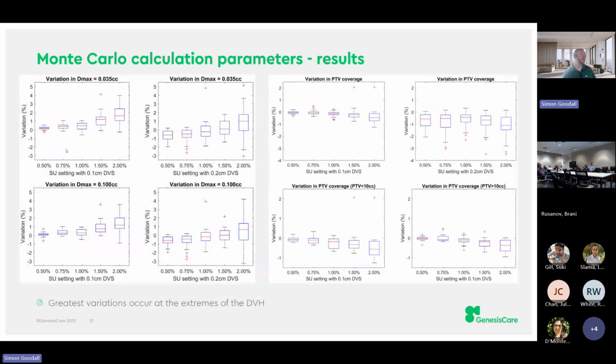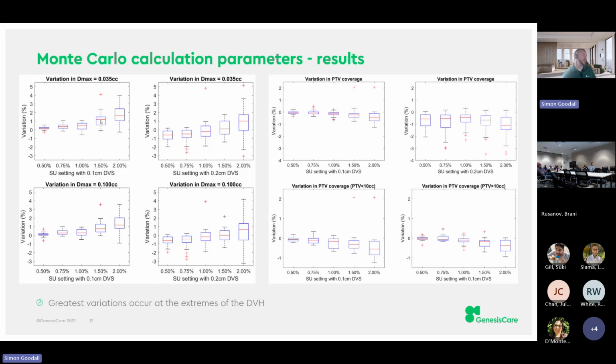So these are some DVH parameters or metrics we pulled out, and you see the same sort of patterns. So essentially, as you start to increase the statistical uncertainty, you start to see a broader range of values reported for the given plans. So this is looking at the variation across the different plans for a given statistical uncertainty.